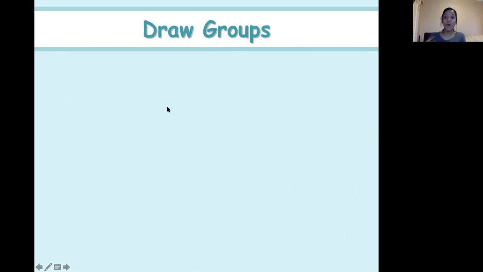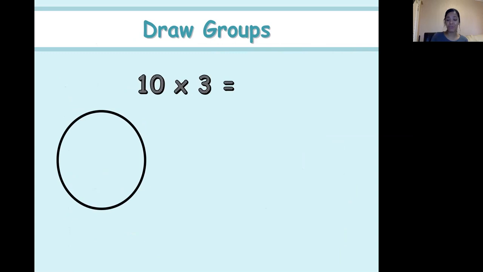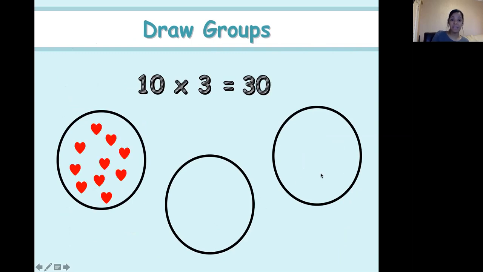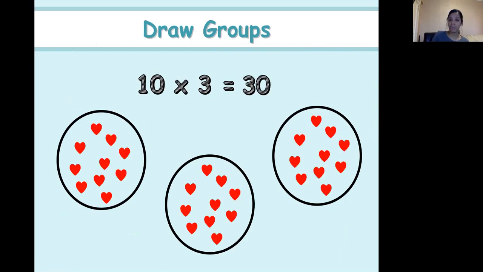Or we can go ahead and draw groups, okay? If it's good for you to visualize the multiplication, this is what multiplication basically is, okay? 10 times 3 is saying that we have 3 groups. 3 groups of what? Of 10, okay? So we know that. What is easier to count by? Right now we're learning how to count by 10, so we can make 3 groups and put 10 into each group, okay?